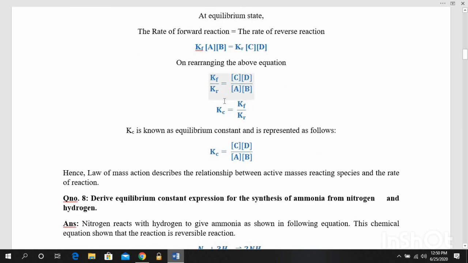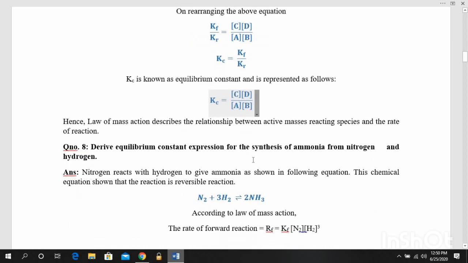So here we can put Kc in the place of Kf by Kr, because Kc is known as the equilibrium constant. So Kc equals concentration of C into concentration of D divided by concentration of A into concentration of B. Hence, the law of mass action describes the relationship between active masses of the reacting species and the rate of the reaction.